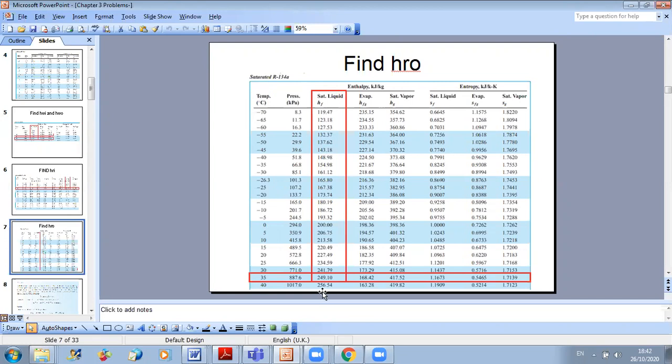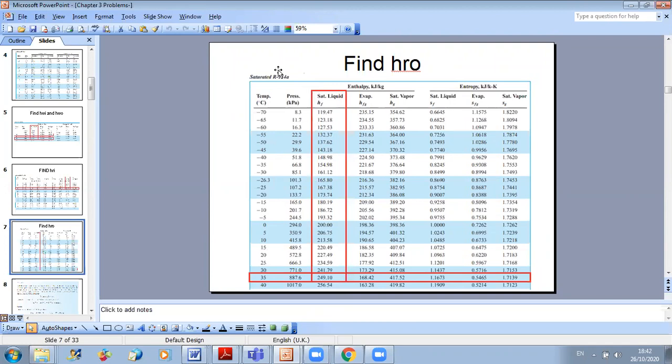So I repeat, in general, they give you compressed liquid tables and saturated tables. But sometimes if they don't give you the compressed liquid table, as here, where they just give us the saturated table, then you can take the value of the saturated liquid, assuming that it will be close to the compressed liquid value.